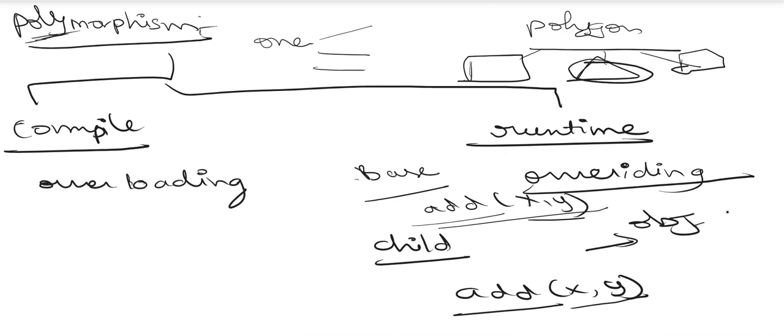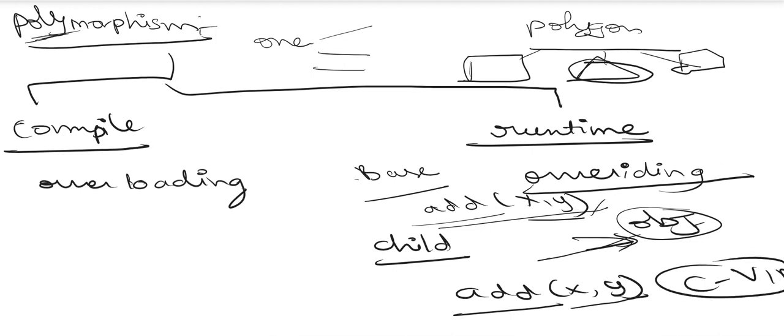But in overriding, if we create an object for the child class, it only accesses the child class variables and methods. It doesn't access the parent's, because the derived class, the child class, overrides the parent class methods.